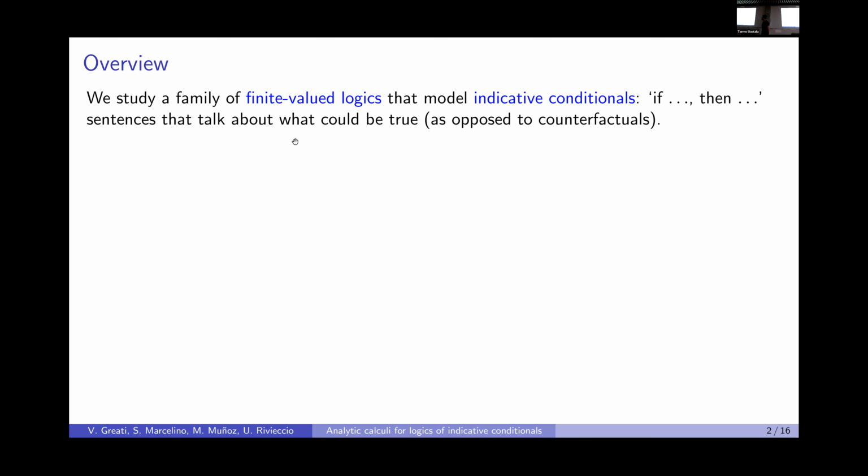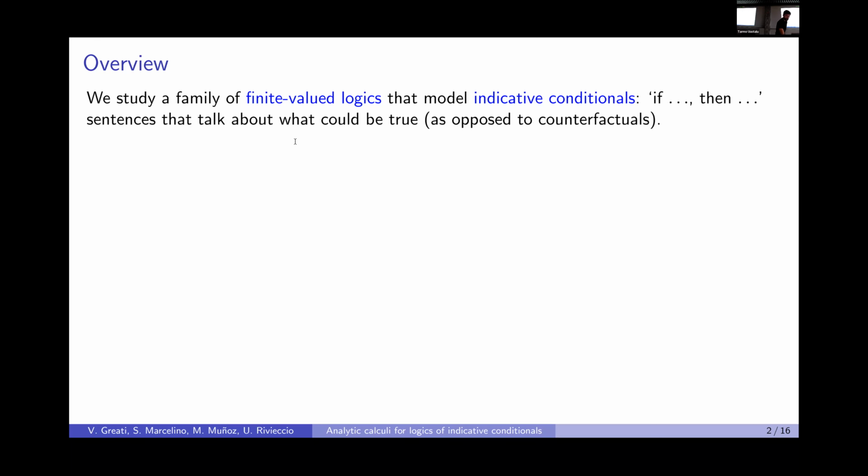So here in this work, we study a family of finite valued logics whose goal is to model indicative conditionals. These are natural language sentences, if-then, that talk about what could be true, as opposed to counterfactuals, which are not talking about events that are not possible to happen anymore.